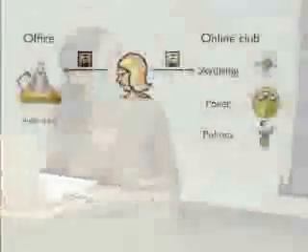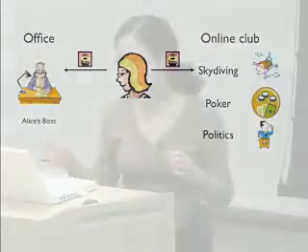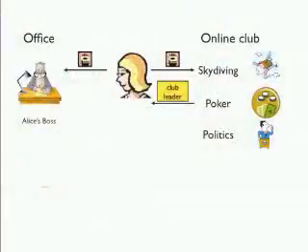So what we were looking at is trying to extend this framework a little bit further. So now, say the online club tells Alice that she's now a club leader, and that means that she's authorized to add other members to the club.